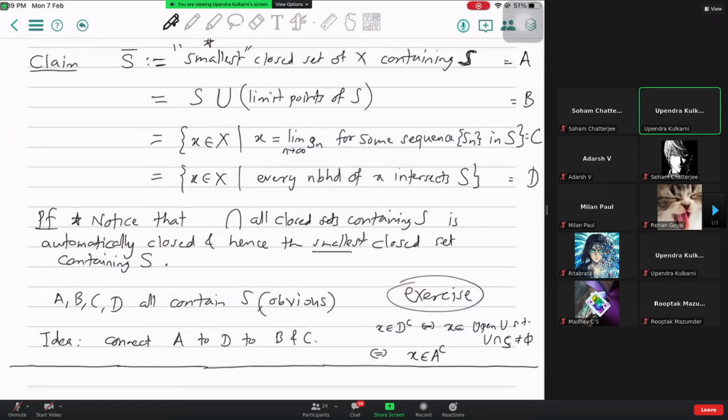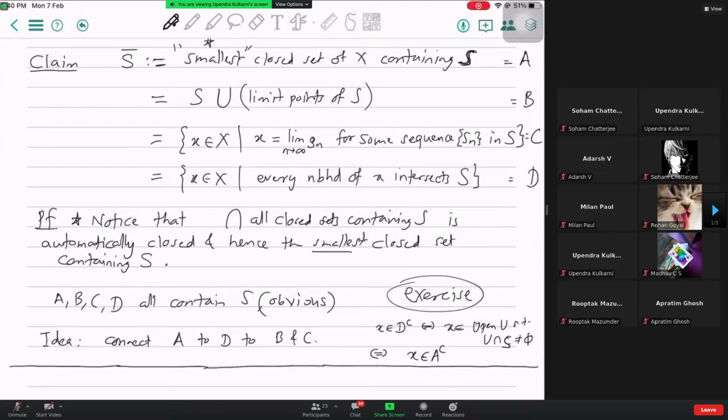I exhibited one particular closed set containing S that it does not belong to. So it cannot be in the intersection. It has already fallen out of this intersection in the first line of the proof. Wait, sorry, can you repeat? Correct.